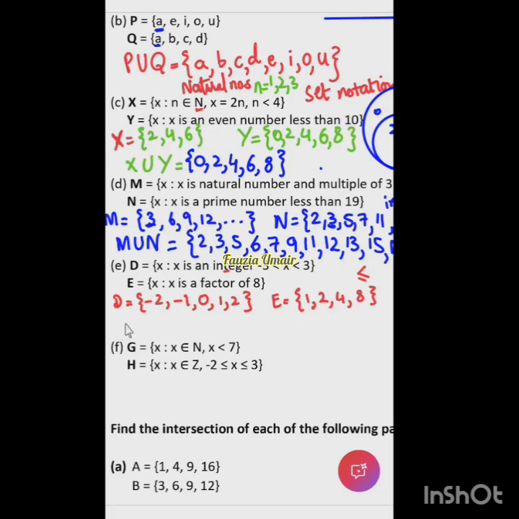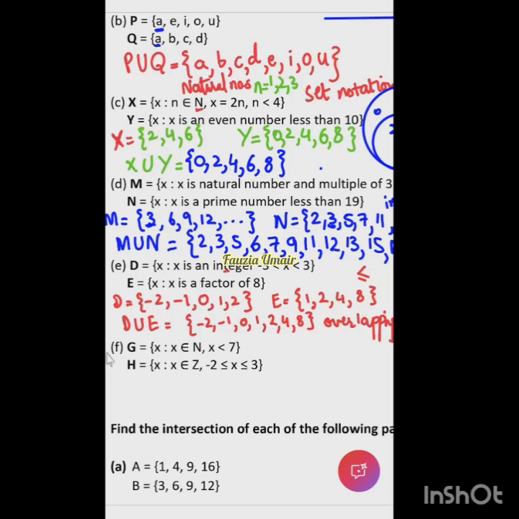So now we need to write down what D union E is: -2, -1, 0, 1, 2, 4, 8. And what kind of formation is this? These two sets are overlapping, right? So these are overlapping sets again.